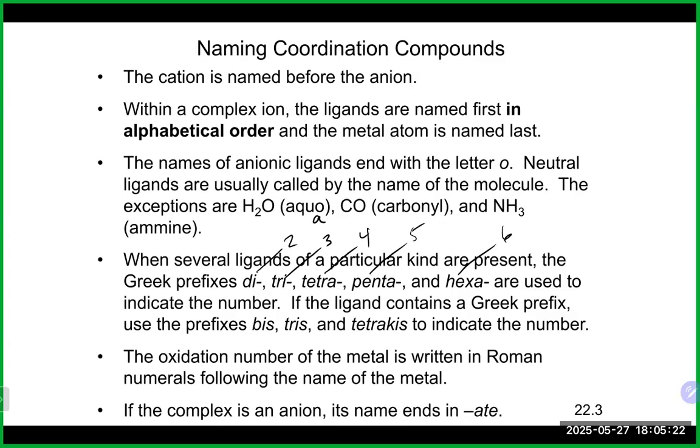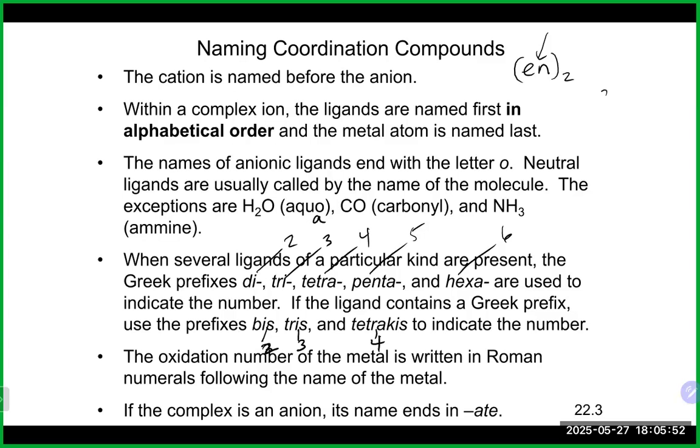Now, if by some chance your ligand already has one of those prefixes in its name, then we roll with bis, tris, and tetrakis. So that is 2, 3, and 4. What do I mean by that? I mean by this one right here, en. The name of this ligand is ethylenediamine.